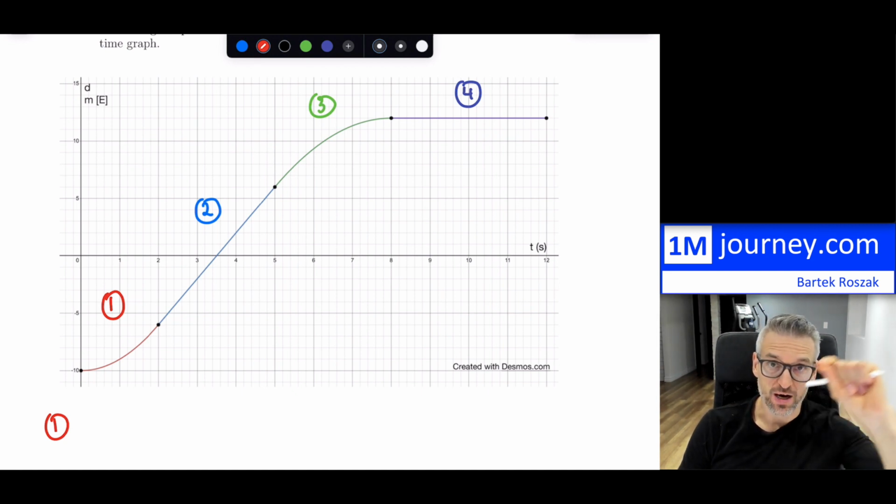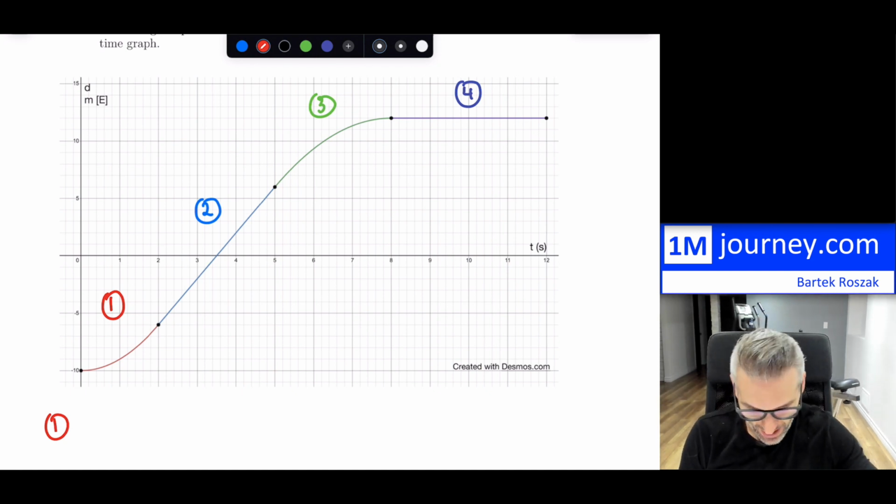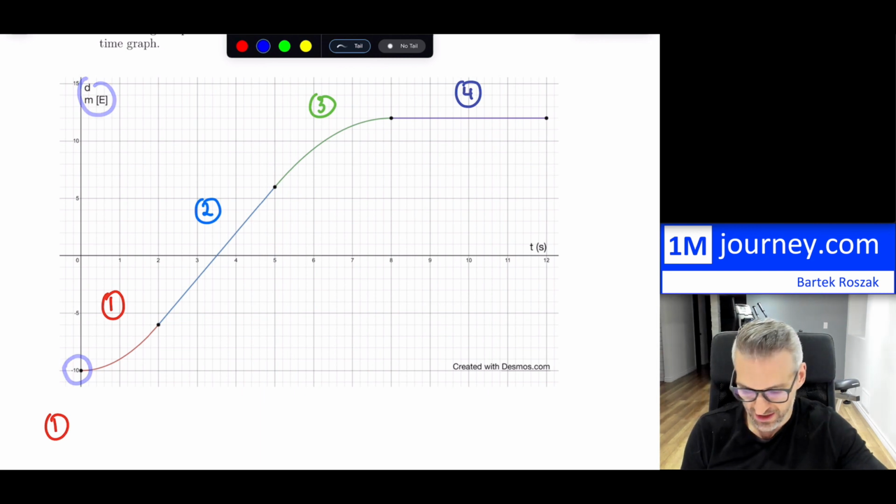You have a straight line, which means a constant change, so a constant speed. Or, as you can see here, you have a curve, and that means you have been accelerating. Notice that this has started off from -10. If this is east, that means it's 10 on the west side.